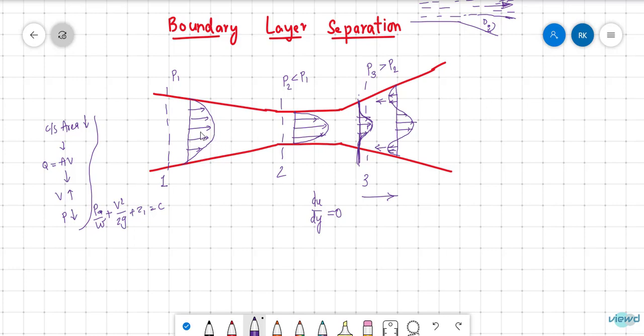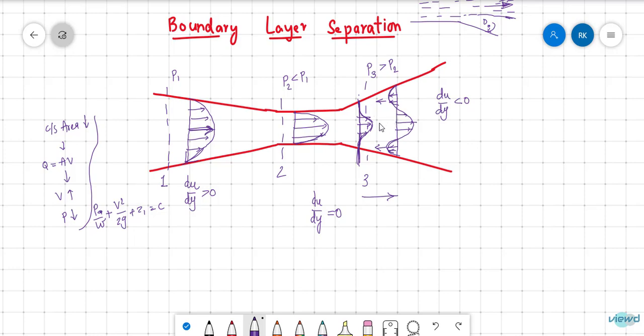If the velocity profile is in the forward direction, then du by dy is greater than 0. So here we can see du by dy is greater than 0. Here also du by dy is greater than 0, but here du by dy is less than 0.